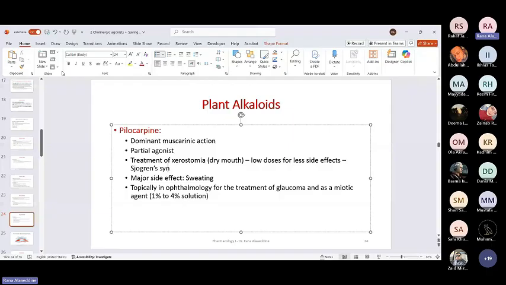But a major side effect of this drug and all the other drugs is sweating. And if I use this drug in the eye, I will be helping with something called glaucoma. Guys, have you heard of conditions of high pressure in the eye? Yes, this is what we call glaucoma.